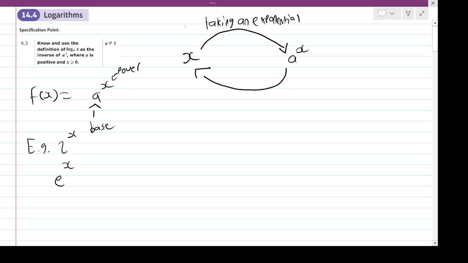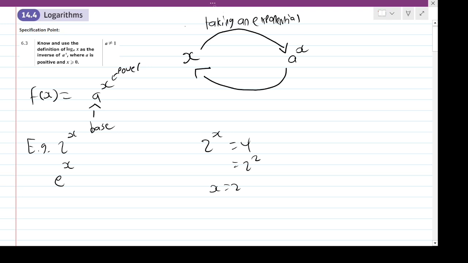For example, if we had 2 to the x is equal to 4, clearly you know that 4 is 2 squared, so here x is 2. In cases like this, we can easily go back and find the power x, if we're given the exponential to start off with.